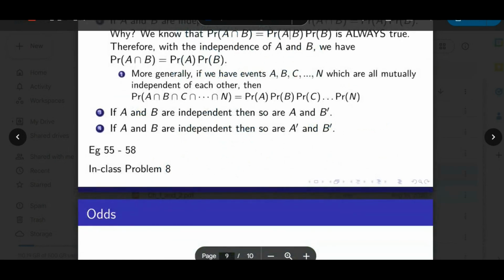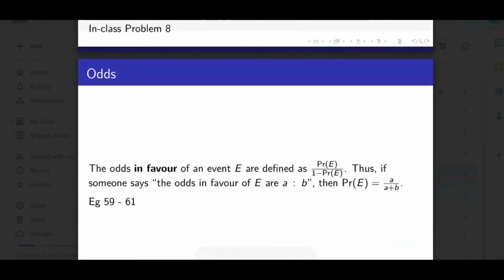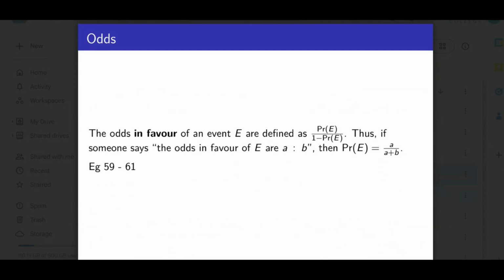This is just some definition I need to tell you. I don't know if you know the exact definition of odds, but I'll tell you now. The odds of E happening is defined as the probability of E divided by the probability of E not happening. Now, I am a person that doesn't think in terms of odds, but some people do.